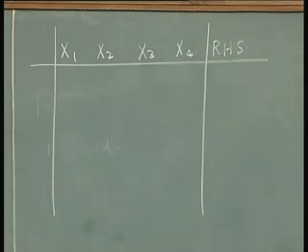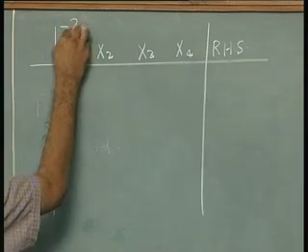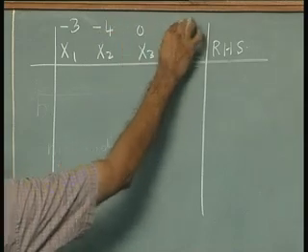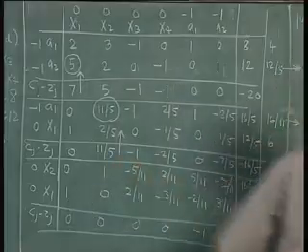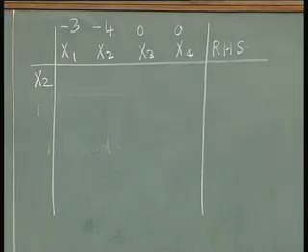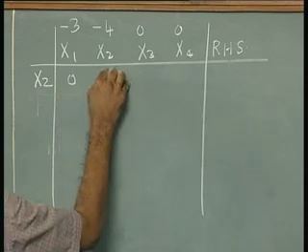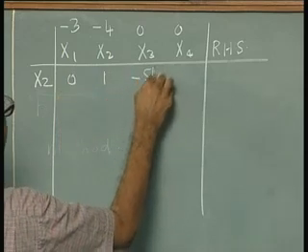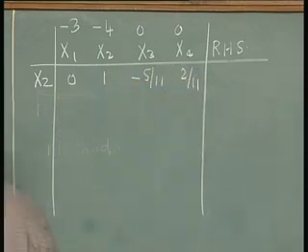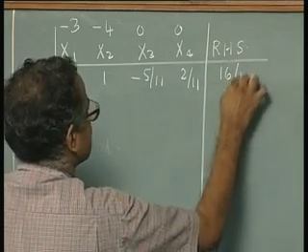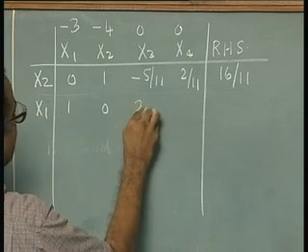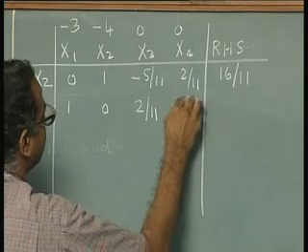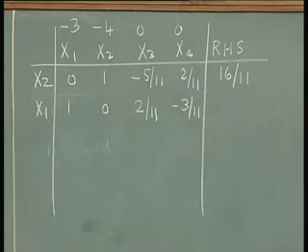For a maximization problem we would have minus 3x1, minus 4x2, 0 and 0. We now have a solution which is this: x2 with 0, 1, minus 5 by 11, 2 by 11, 16 by 11, x1 with 1, 0, 2 by 11, minus 3 by 11 and 20 by 11.